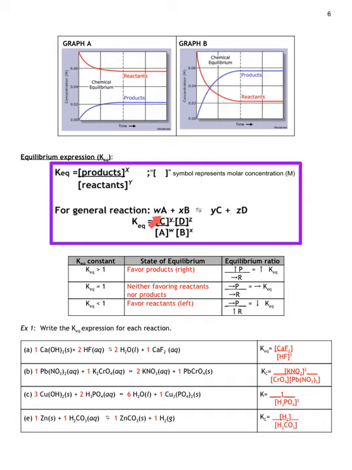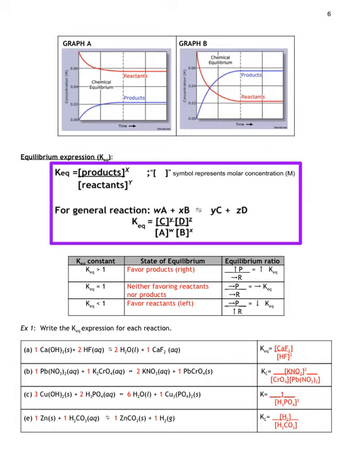If you look at this general equation, you're seeing that in this generic reaction, you always take the products, which is C and D, concentration, and raise them to their stoichiometric coefficients, Y and Z, divided by, there's a division right here, so I'll make it very clear that it's a division.